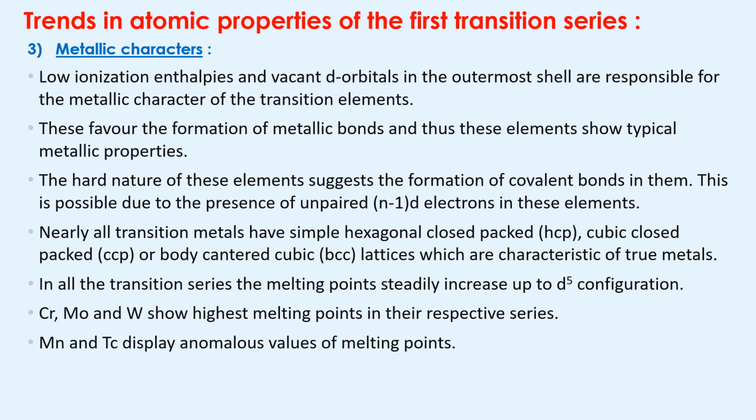If you observe the melting point, there is a steady increase up to the d5 configuration. That is the reason why in the first transition series chromium shows the highest melting point, in the second molybdenum, and in the third tungsten.